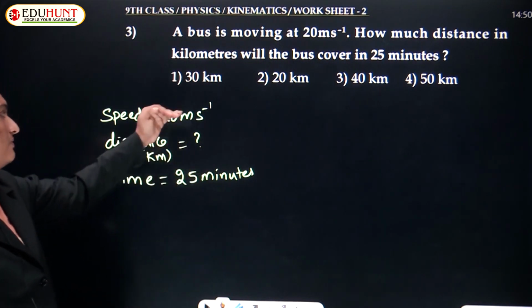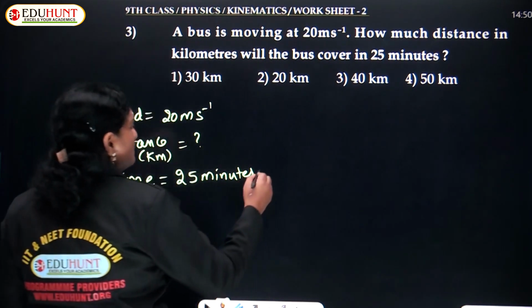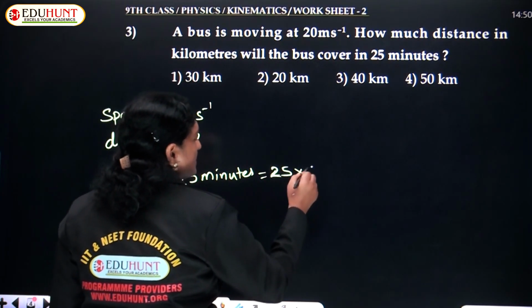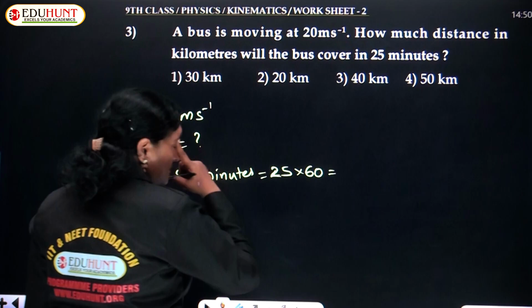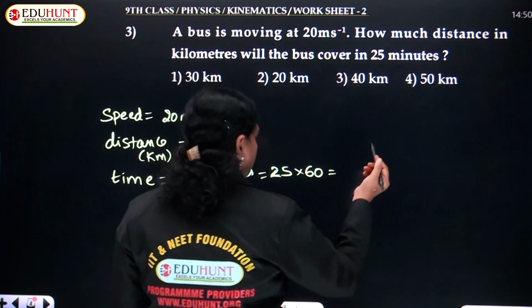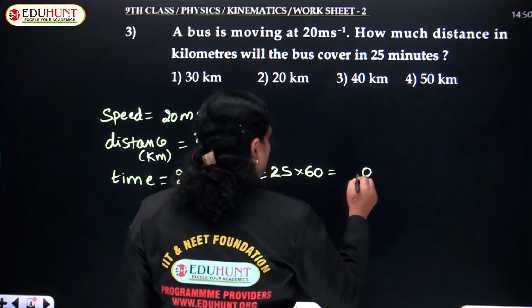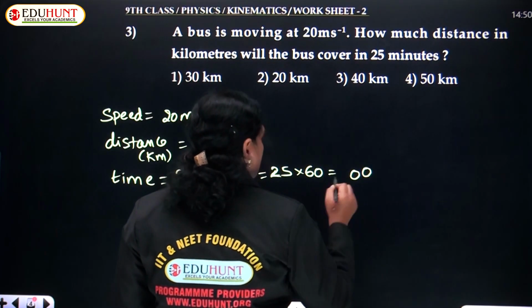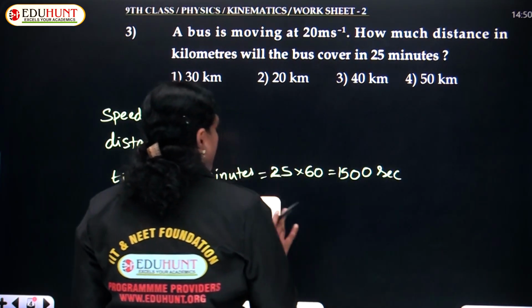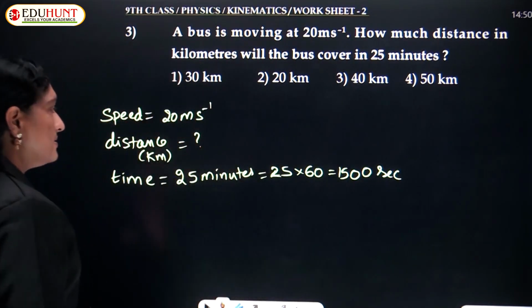So first of all, let us convert time into seconds. So this must be equal to 25 into 60 seconds. So 25 into 60 is found to be 1500 seconds.